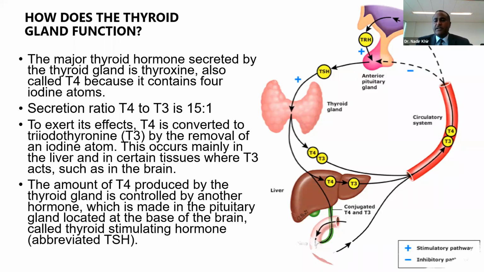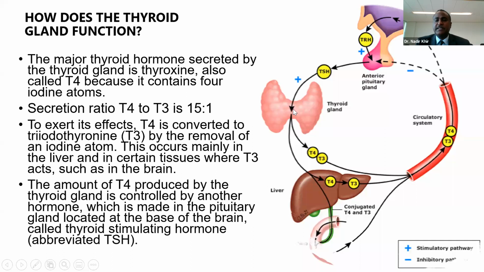And how the thyroid does this, as we said, through the hypothalamus, pituitary, and thyroid axis. And this, as you can see here, and I don't know if you can see my mouse, it starts from, usually we look at the thyroid itself.